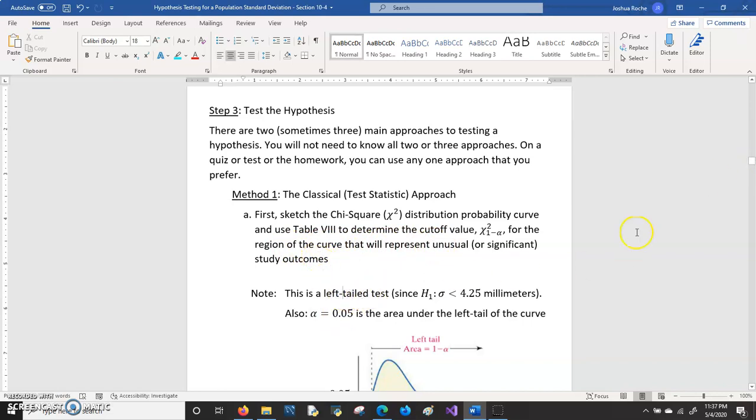So according to our question and our alternative hypothesis, this is a left-tailed test. Also, we'll want to note that alpha is 0.05, and that's the area under the left tail of the curve.